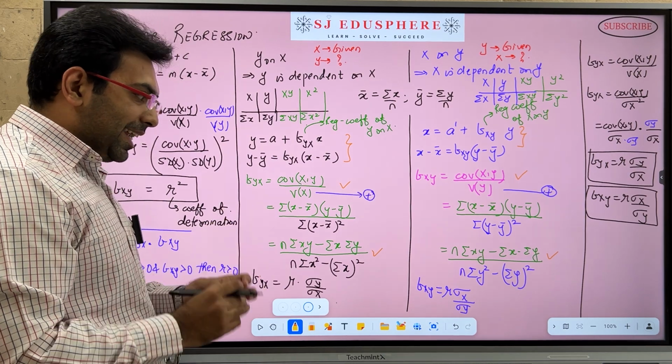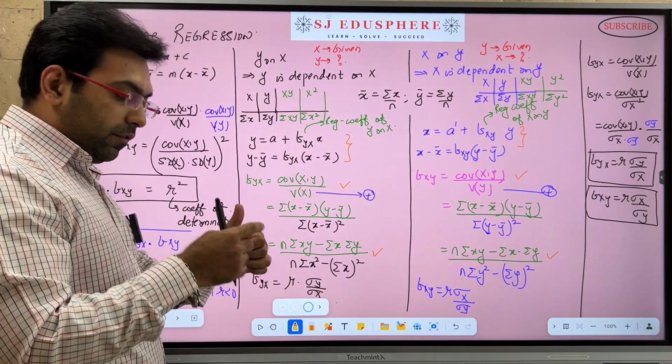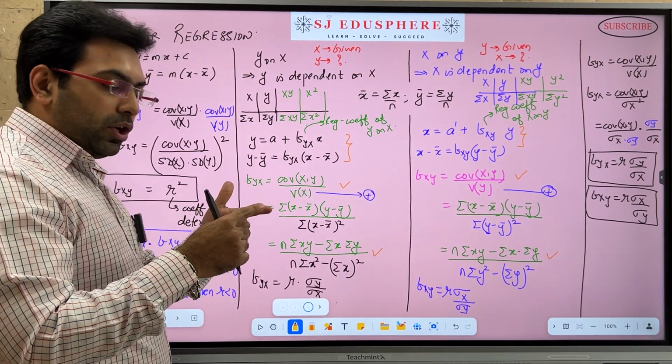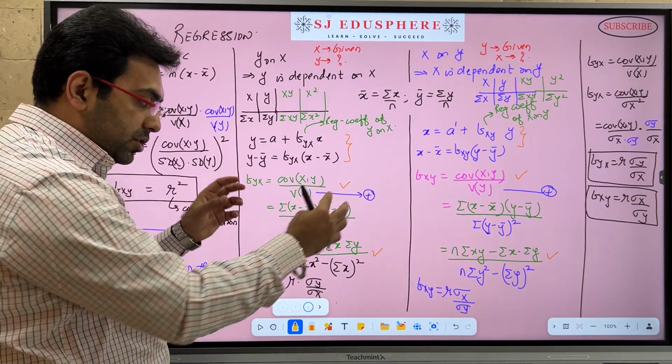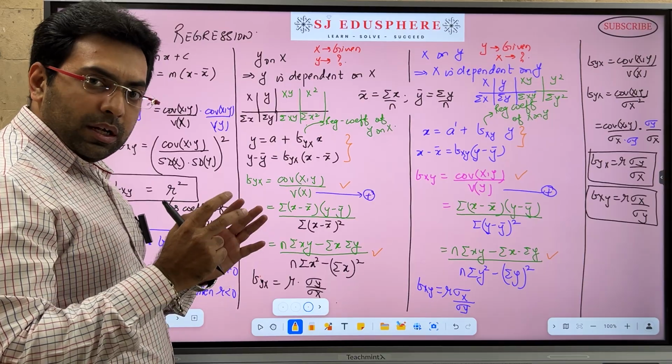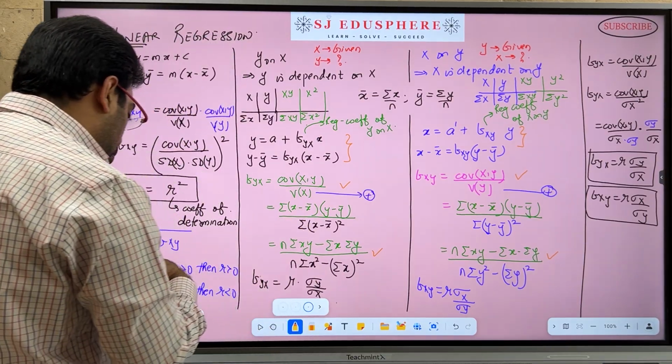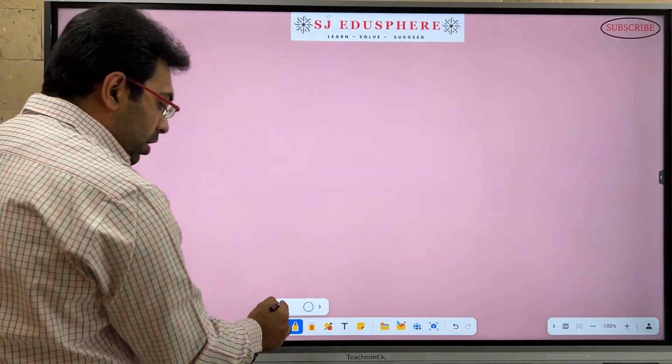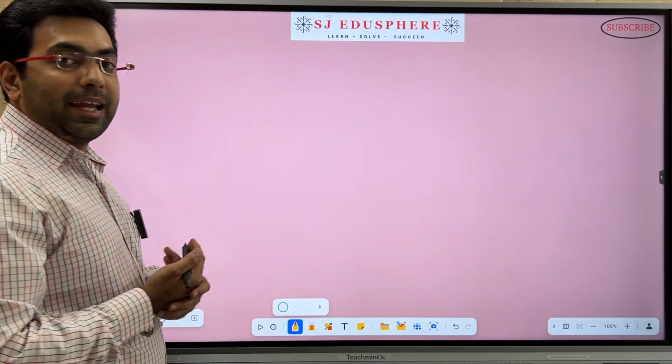So if you directly have your data given to you for mean and direct calculation for variance or standard deviation, you can use this method and get to the answer. Clear?